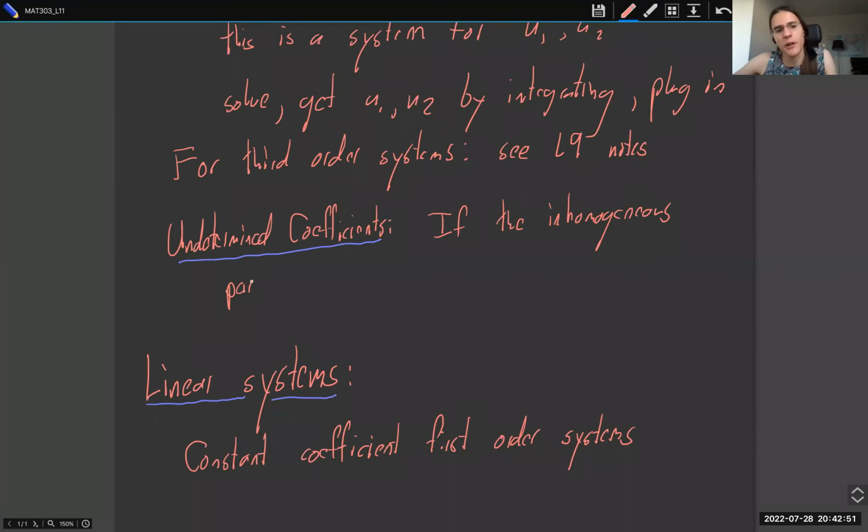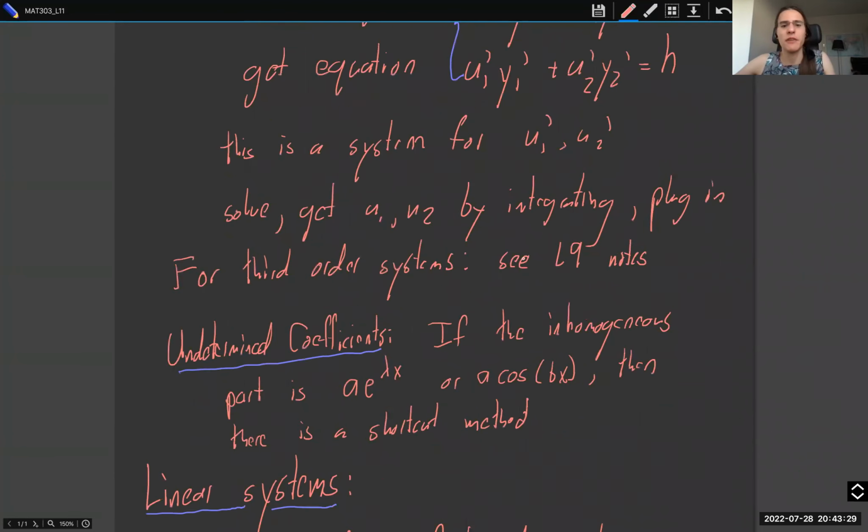If the inhomogeneous part is, let's say, a e^(lambda x), or a cos(bx), then there is a shortcut method instead of using variation of parameters.